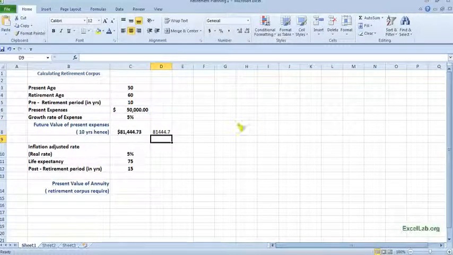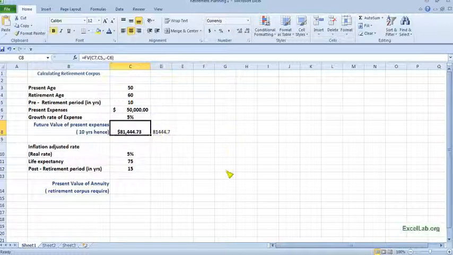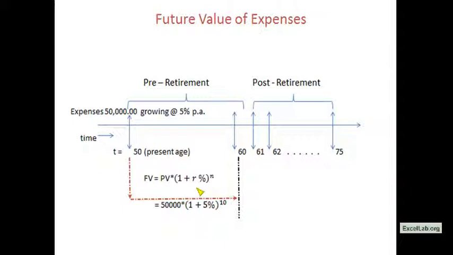So we got the same thing, right? This is the formula I use. So we can do it either using the inbuilt function, or we can put the formula directly. So at the age of 60, that 50,000 will grow to 81,444.